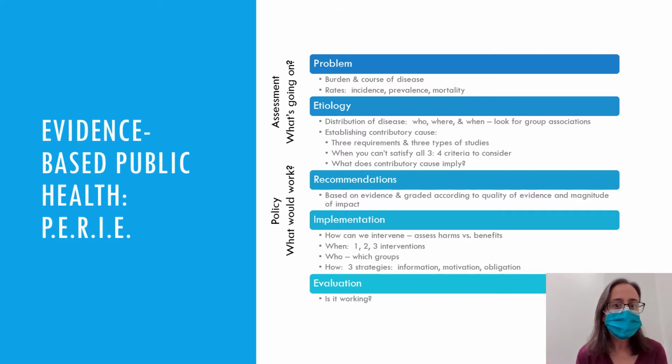What would work to actually improve or solve the problem? And then their final step was assurance. Is it working? So you can see these are just 2 different ways to organize the same process. I like this 5-step way to break it down, and that's what the textbook does. Here we go.